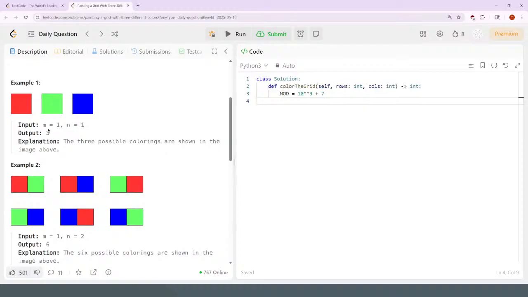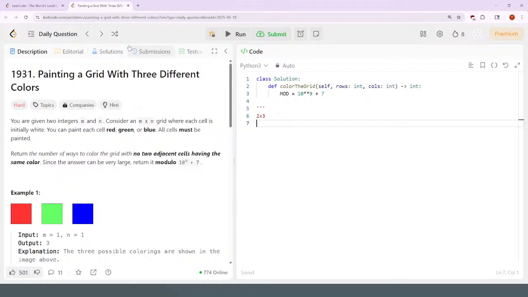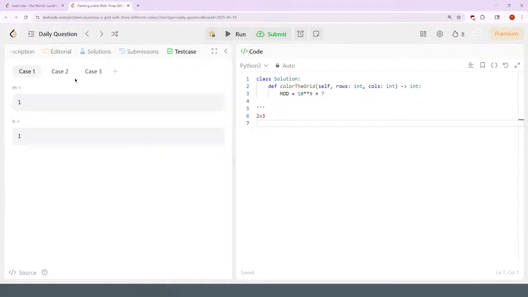But then there's a whole lot of adjacency. So if I were to visualize it, let's say I'm dealing with the 2 by 3, right? Actually, let's go ahead and do some examples. So test case, let's say it's a 2 by 3.